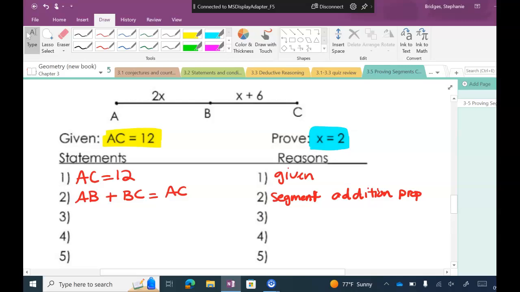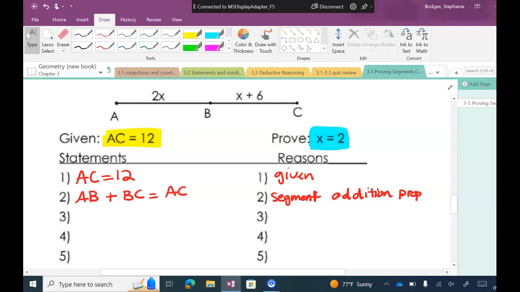But do you remember when I told you that you cannot assume that I know anything about geometry when we're doing proofs? You have to tell me everything. So before I can say that 2x plus x plus 6 is equal to AC, I have to know what the segments are that are adding. So that's why we had to add in that step, AB plus BC equals AC. Okay, you had to tell me that this segment plus this segment equals the whole segment before we can talk about their values, if that makes any sense.